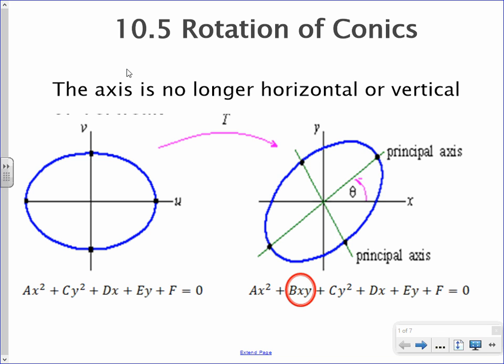Not a term we're used to seeing, so it should hopefully stick out, right? If we have an XY term, that really throws us off for completing the square, right? It really can't be associated with just the X's or just the Y's, because there's both in there.